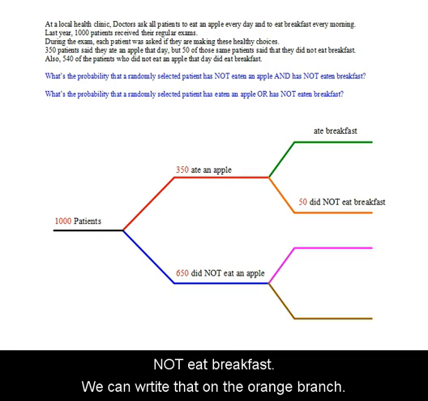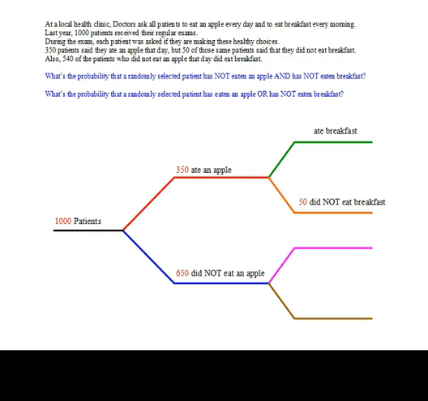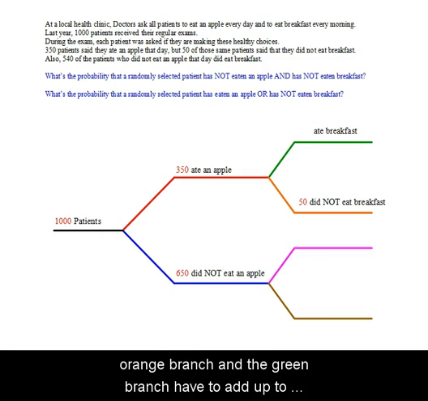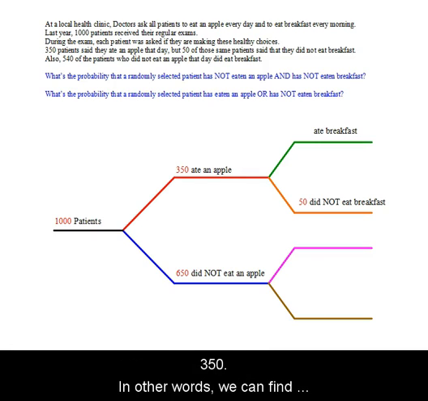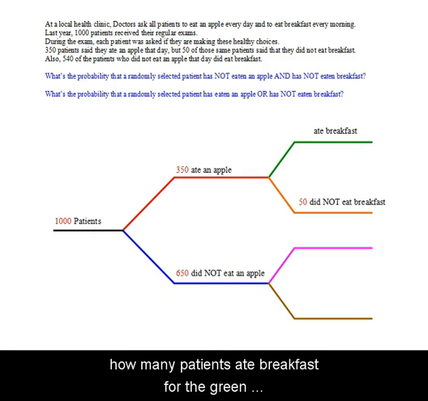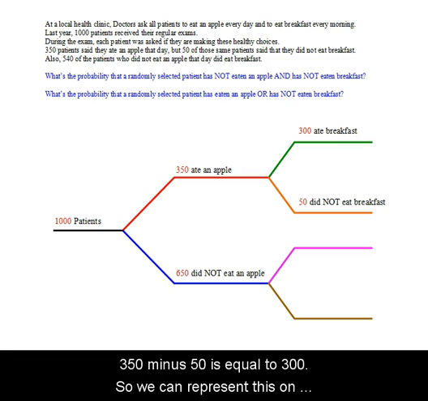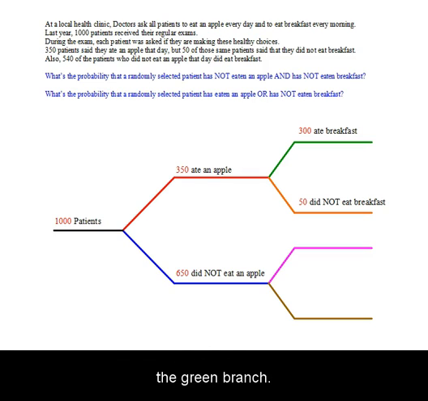We can write that on the orange branch. Because there were 350 patients who ate apples, the orange branch and the green branch have to add up to 350. In other words, we can find how many patients ate breakfast for the green branch by subtracting again. 350 minus 50 is equal to 300. So we can represent this on the green branch.